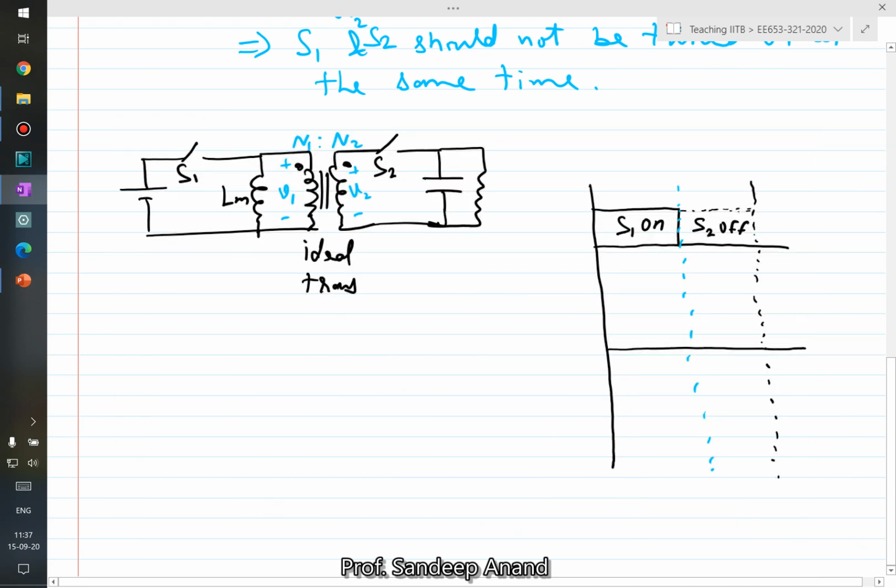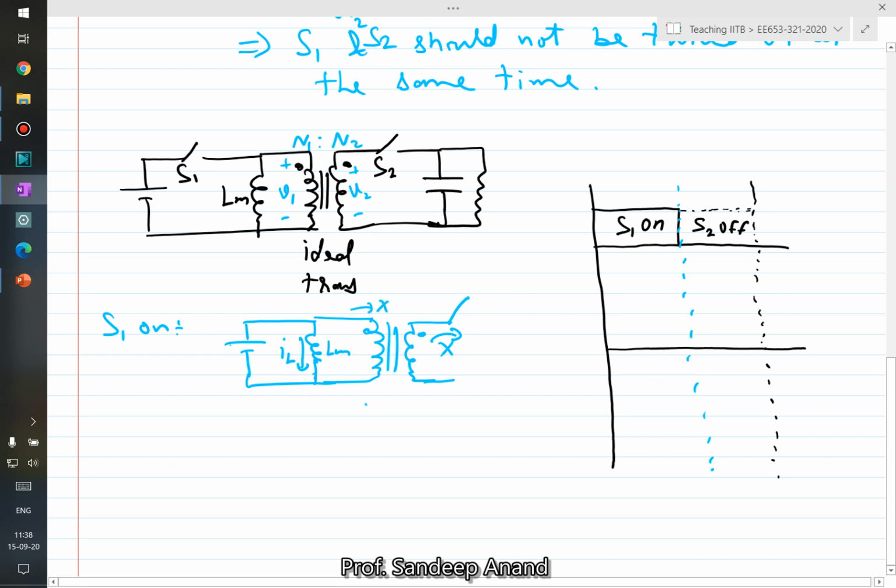Right, so now what happens is when S1 is on, if I draw the equivalent circuit, this is LM, let me represent the current here as IL, and now this is an ideal transformer, and the secondary side of the ideal transformer is open circuit, and therefore there is no current flowing in the secondary, and therefore no current on the primary of the ideal transformer.